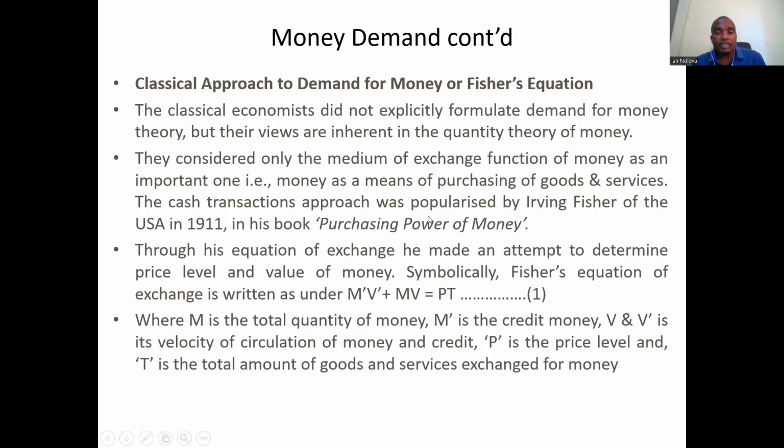So the cash transactions approach was popularized by Irving Fischer in his book entitled Purchasing Power of Money, which was published in 1911. Through his equation of exchange, he made an attempt to determine the price level and value of money.